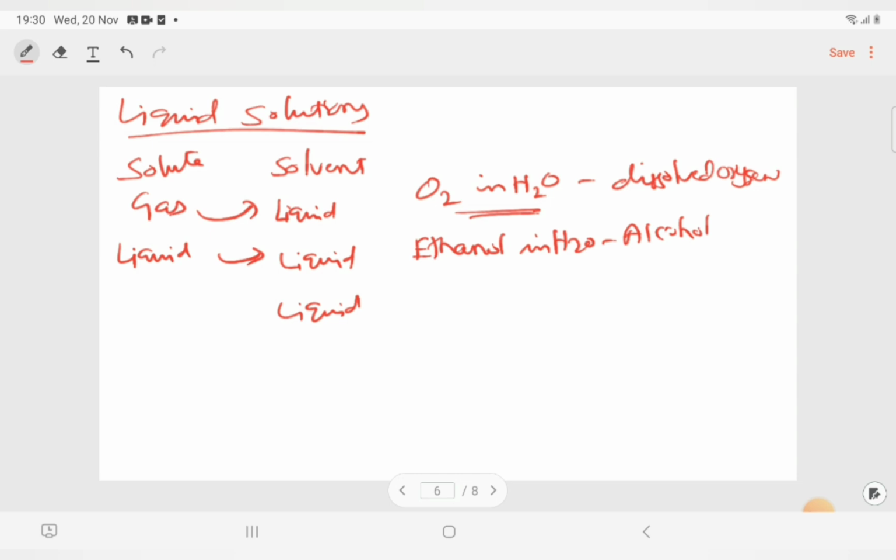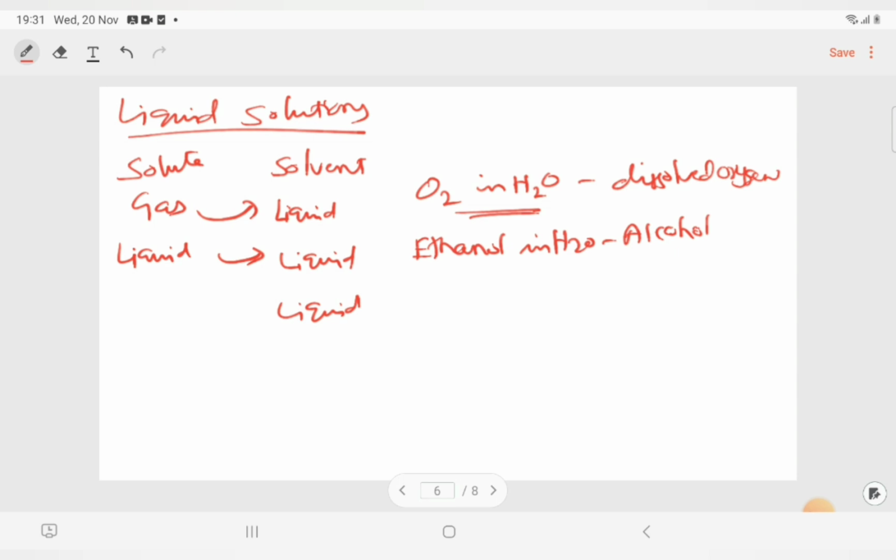Whatever commercially available alcohol, they are all nothing but a mixture of ethanol. In the organic chemistry unit alcohol section, you will be studying about methanol and ethanol, where you will know about the liquors. So ethanol in water is a best example for liquid in liquid.